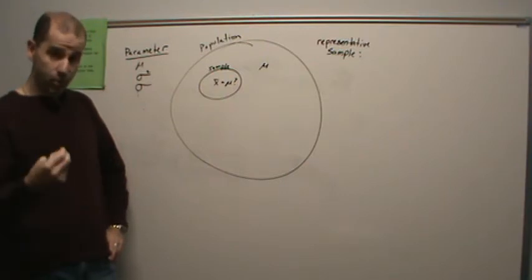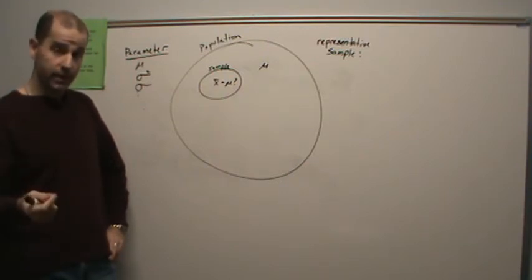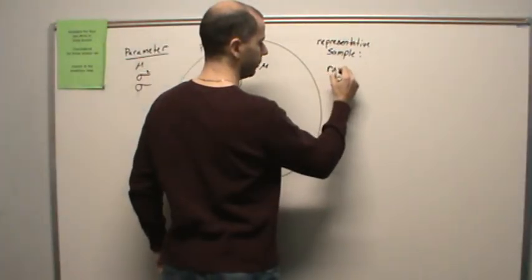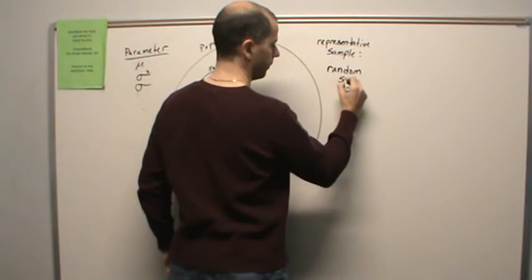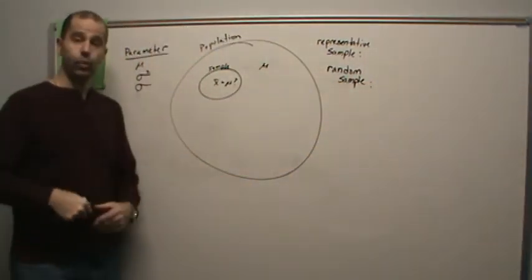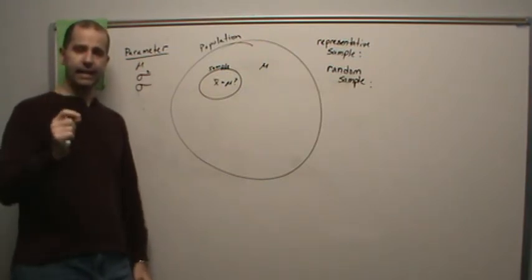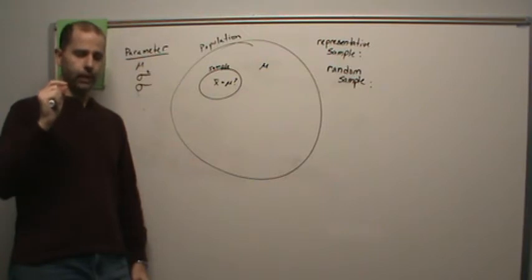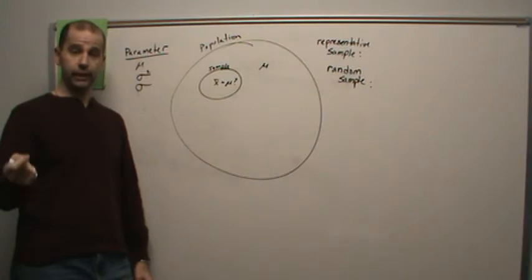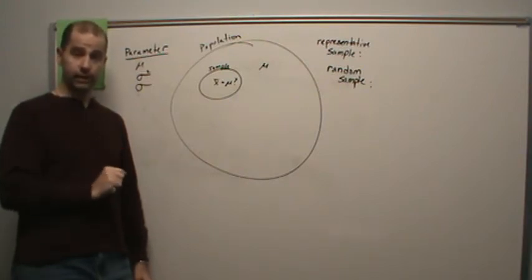One of the best ways to get a representative sample is to make sure it's a random sample. Well, what's a random sample? A random sample is any sample where every individual, subject, or unit in the population has an equally likely chance of being chosen to be in the sample.